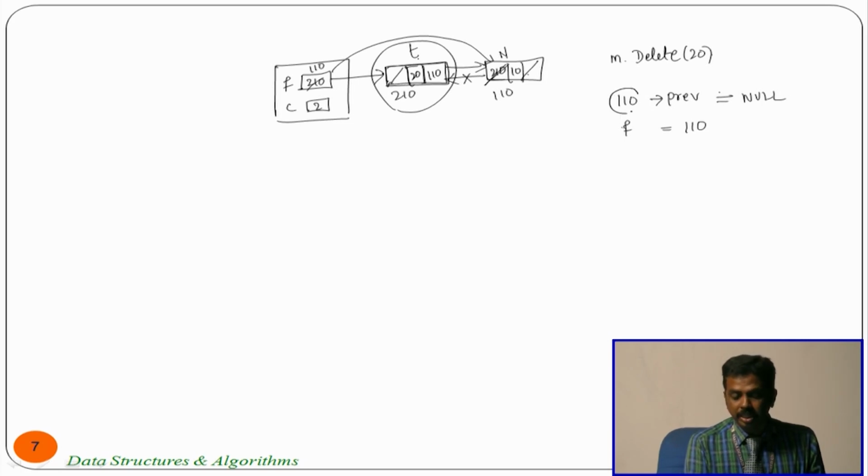So how can we get this 110 information from the T? The T of next field is containing the 110 information. Okay. So, that I have to write here.